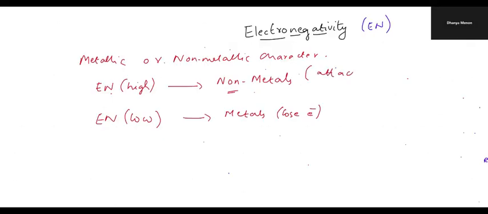So a high value of electronegativity shows that it's a non-metal. It attracts the electron pair towards itself. A low value of electronegativity shows that it's a metal, because metals' general tendency is to lose the electrons.